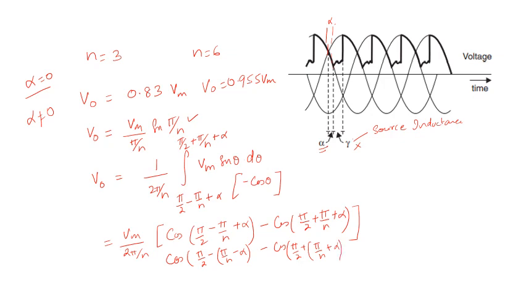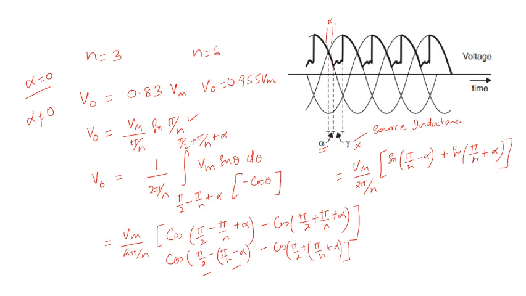So if you take this out, you get the final value as Vm by 2 pi n multiplied by cos pi by 2 minus this angle, which gives sine of pi by n minus alpha, and plus sine of pi by n plus alpha. This is the value you get after simplification.